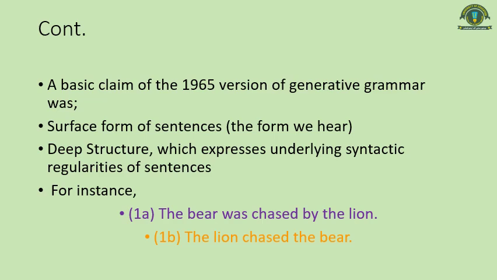And if the sentence, the bear was chased by the lion, is uttered before us, automatically we are going to get the idea that the lion chased the bear. This is the underlying meaning of that sentence. Whereas at the surface level, the sentence is the bear was chased by the lion. But at the deeper level, the meaning of the sentence is the lion chased the bear.